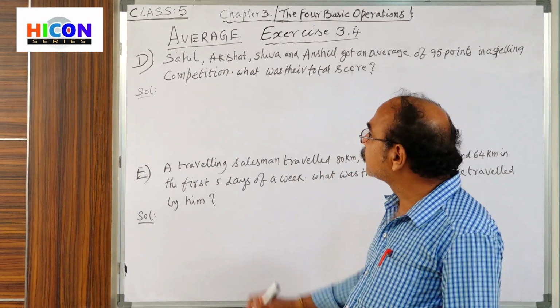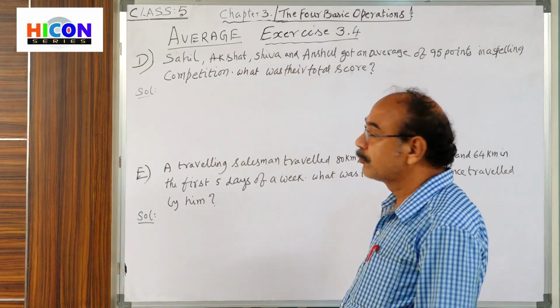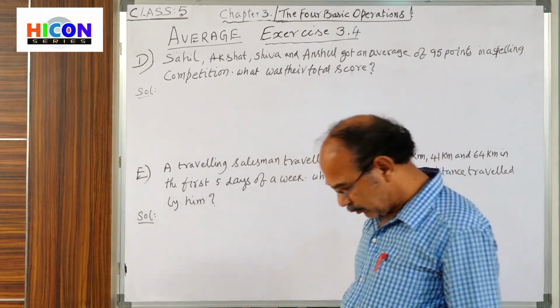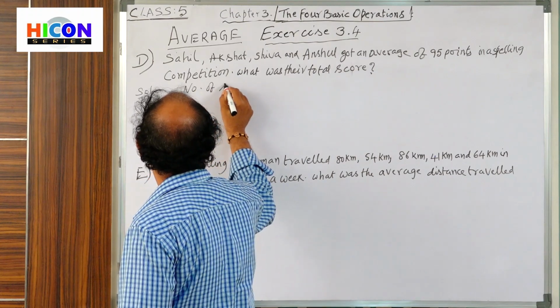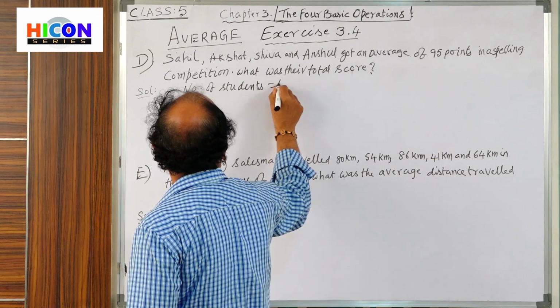Okay, four students, Sahil, Akshat, Shiva and Anshu. 4 students. So, number of students is equal to 4.